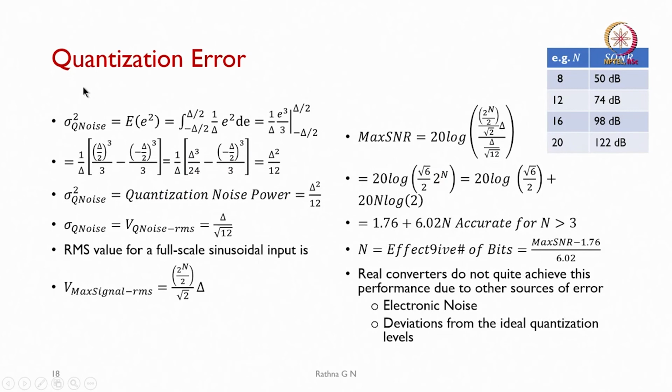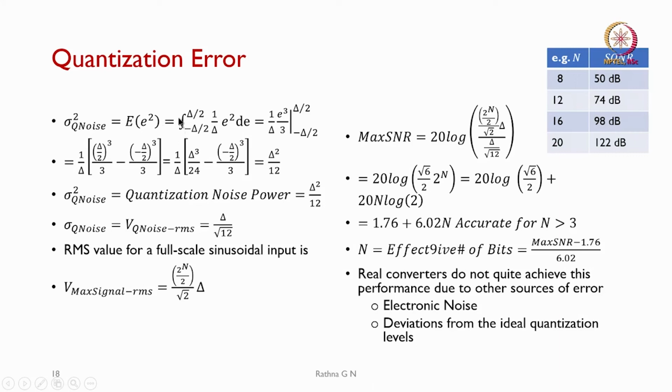We have to take it as a noise. So, we will calculate the noise variance, sigma quantization noise squared, which is nothing but the expected value of our error squared.